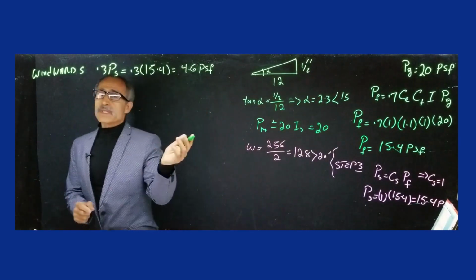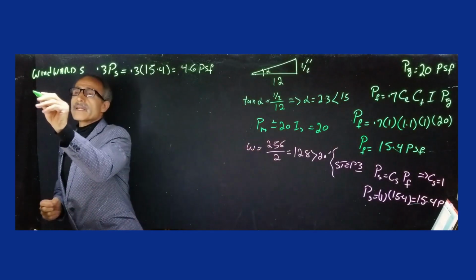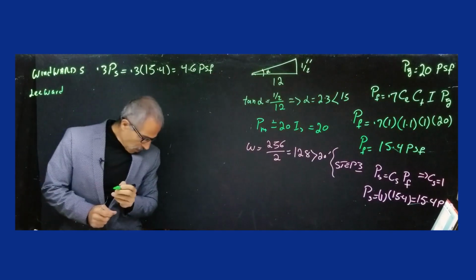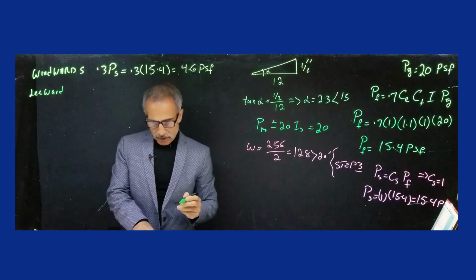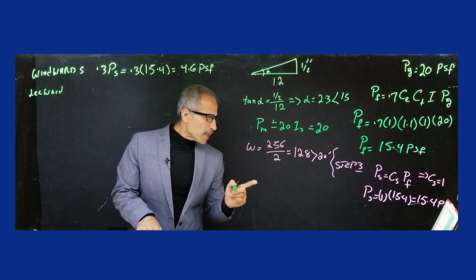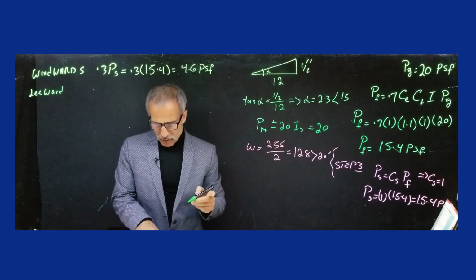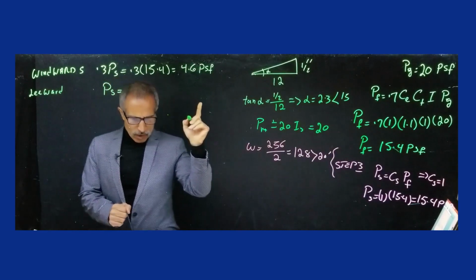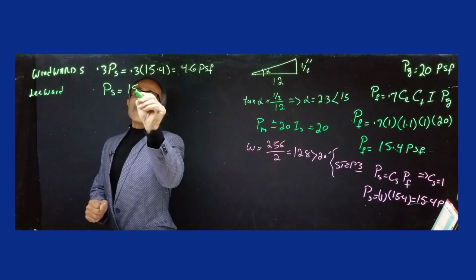Let's go to the leeward side based on that spec. Okay, I dropped my ruler, it's okay. So leeward side, there's an equation for it. It says it's PS plus, so we have PS, which came out to 15.4.